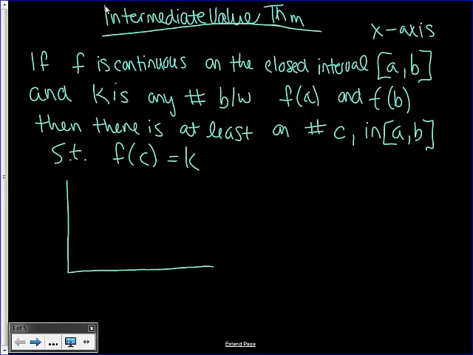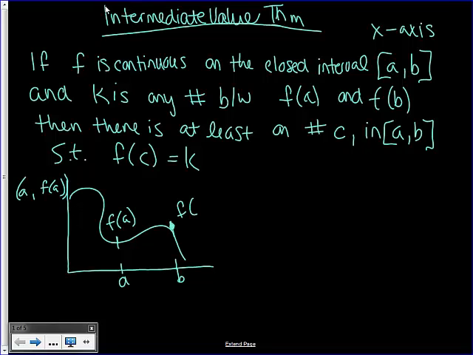So if I give you some function there, we're going to call this point A, or that x value A. And of course my y value then is f of A. So my point there would be A, f of A. And then over here, we're going to call this x value B, with that y value being f of B. And then this is C, and f of C or K, like it says here.